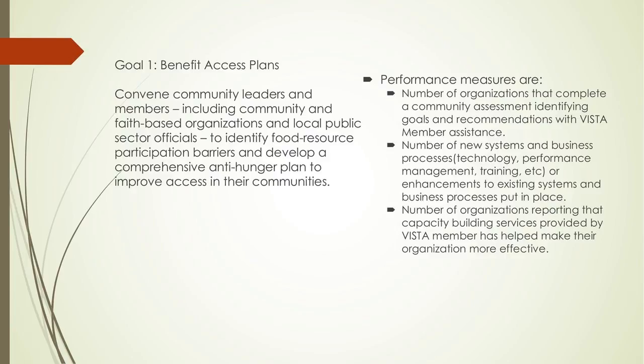And the performance measures that are on the corresponding SMs are the number of organizations that complete a community assessment, identifying goals and recommendations with VISTA member assistance, the number of new systems and business processes, technology, performance management, training, etc., or enhancements to existing systems and business processes put in place, and the number of organizations reporting that capacity building services provided by the VISTA member has helped to make their organization more effective.